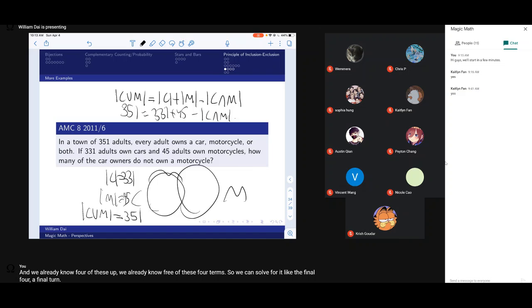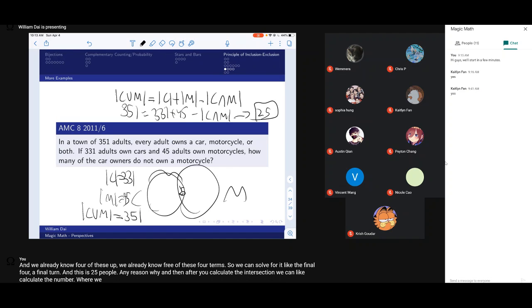And this is 25 here. Then after we calculate the intersection, we can calculate the number of what we want pretty easily. This is 306 because all of this is 331.